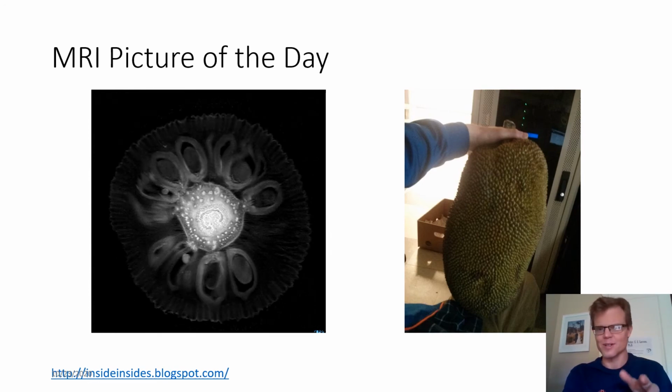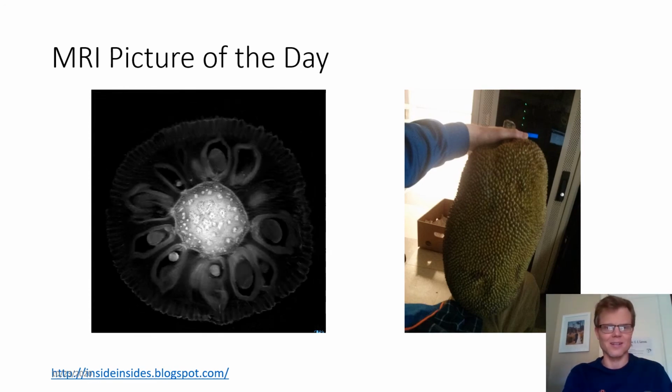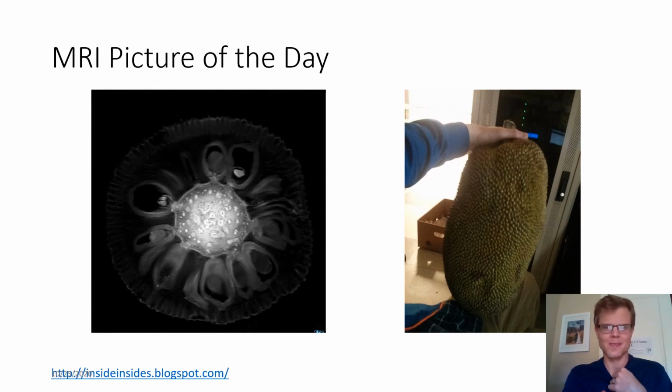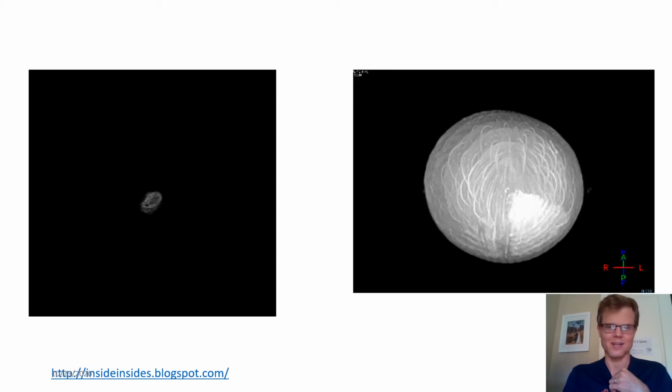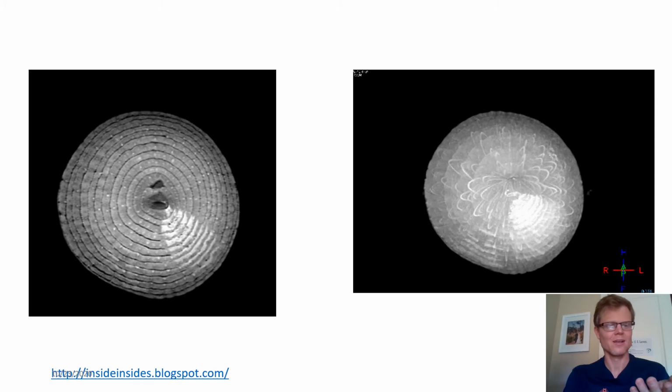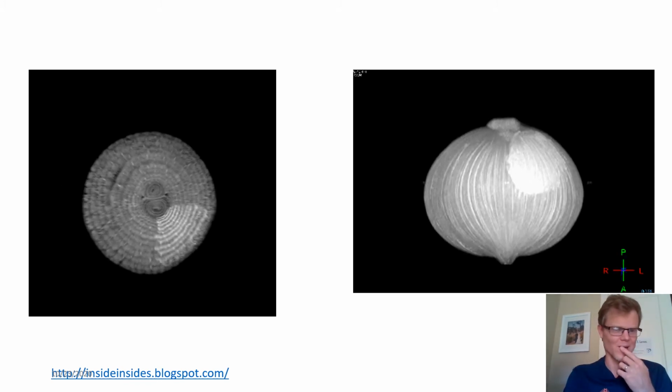I'm not going to reveal what it is in the lecture recording here. We'll talk about this in class, have some fun. And there's a number of other examples. This is really quite a beautiful picture of an onion here, and then a 3D rendering of this MRI.